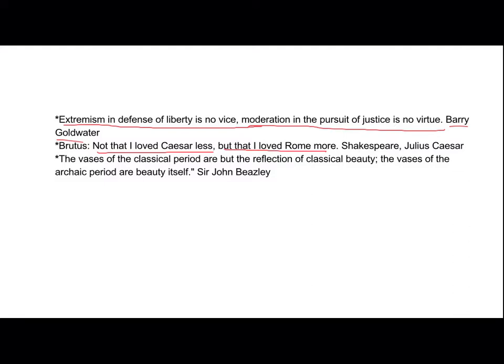And then, the vases of the classical period are but the reflection of classical beauty. The vases of the archaic period are beauty itself. The archaic period referring to the pottery of ancient Greece, which was basically copied by the classical period. So the classical period is a copy of something, and therefore it's just a reflection.